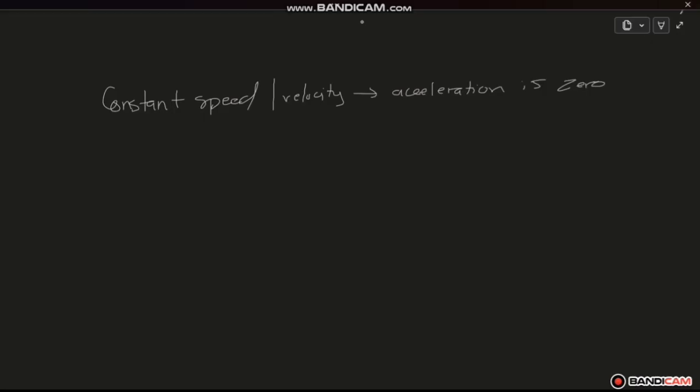Constant speed or velocity means F net equals 0, because in your formula you substitute 0 for acceleration, therefore F net is 0. Only when it is constant speed or constant velocity, not constant acceleration. Make sure that you mind that.